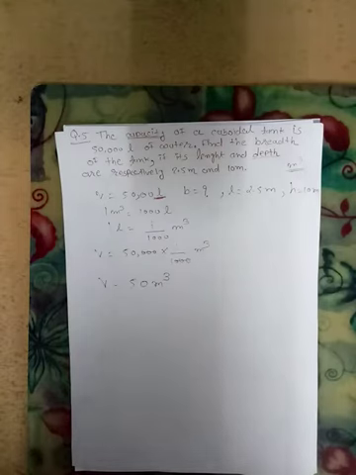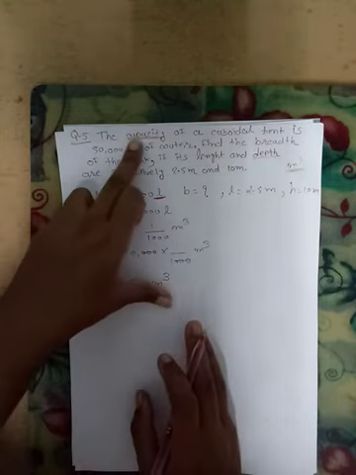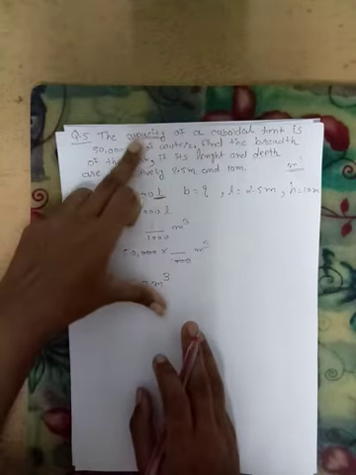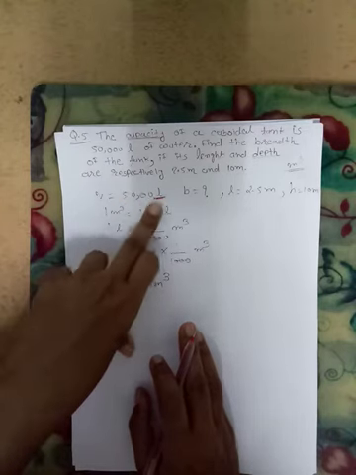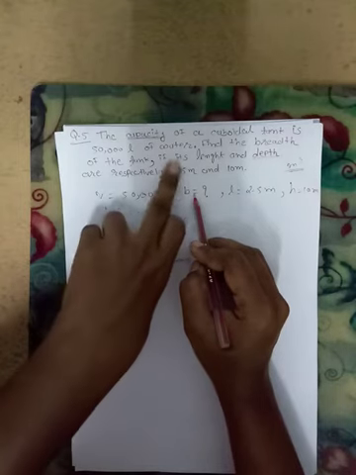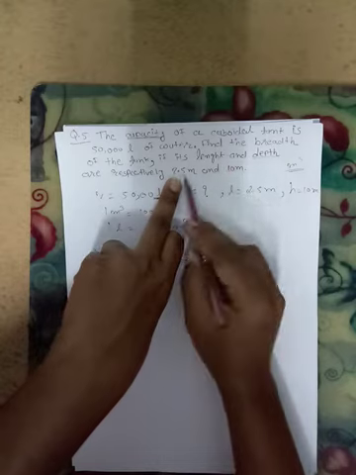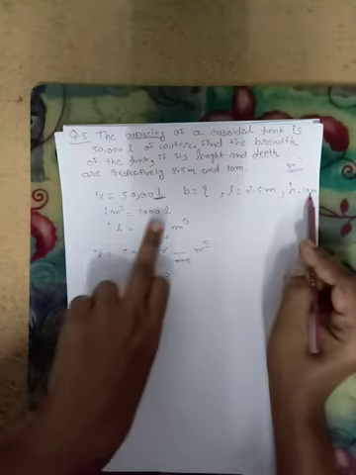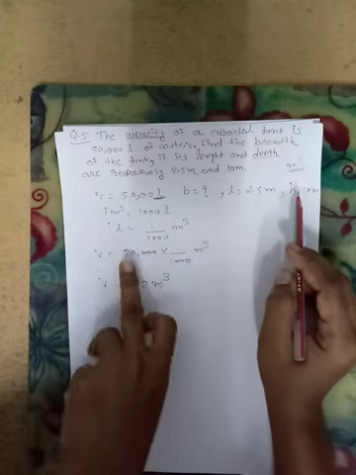Again, in this question it's clear the capacity of the cuboidal tank is 50,000 liter, that means volume of cuboid. So V is equal to 50,000 liter. Find the breadth, so B is equal to question mark. Length is 2.5 and H is 10 meter. Here the measurement is liter and volume's measurement is always in meter cube.